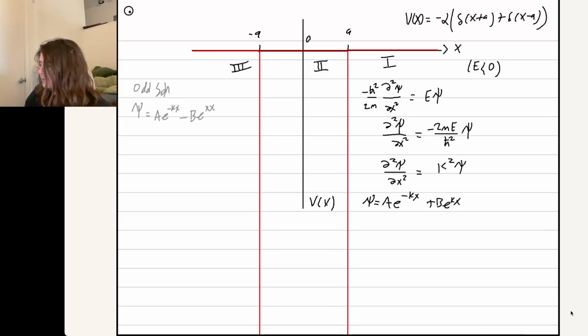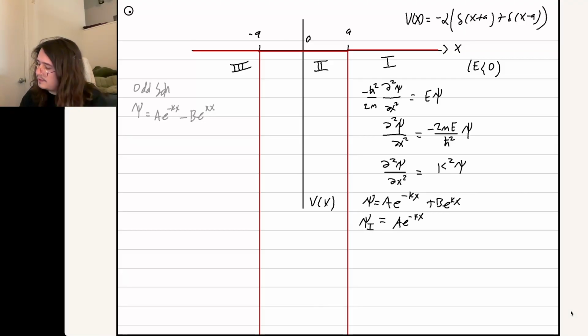Actually, I have to look at the wave function in each of these regions specifically. For the first region, psi 1 will just be A e to the minus kx, because if we left on the e to the positive kx, this wave function would blow up at x equals infinity, and we can't have that.